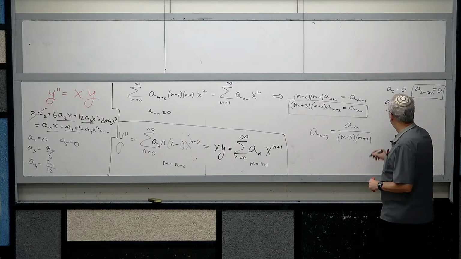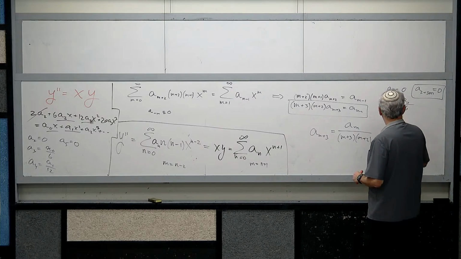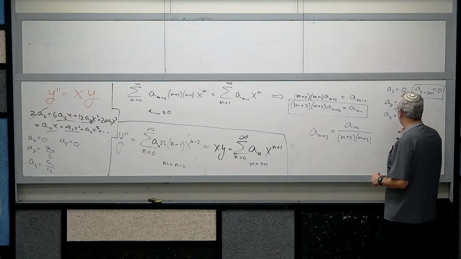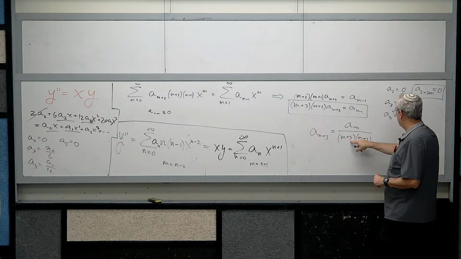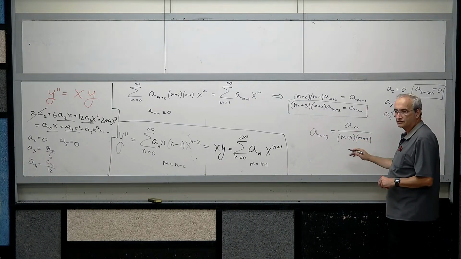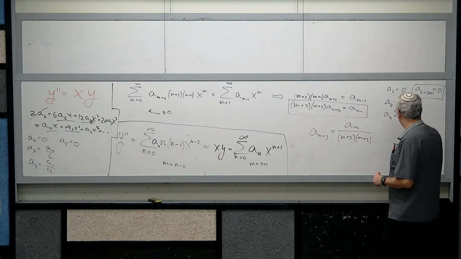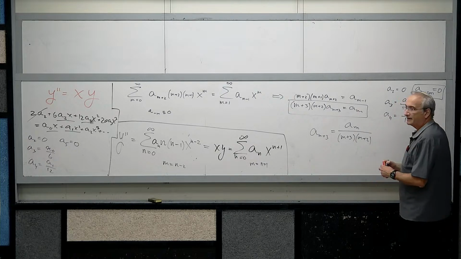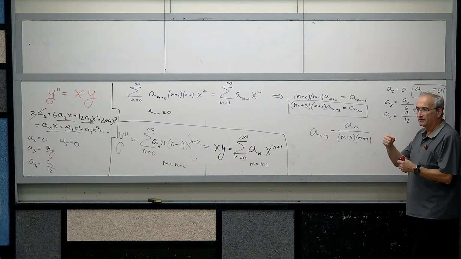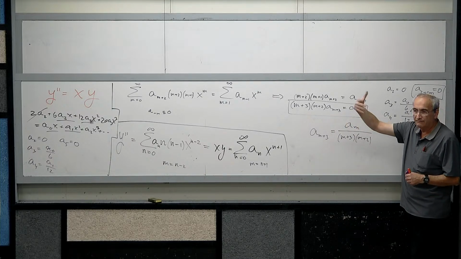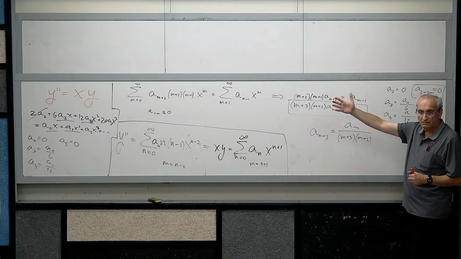See? Now what is A4? A1 divided by 4 times 3, so divided by 12, and so on and so forth. So this is what. You see? And we see that there are actually 3 chains. One of them is 2, 5, 8, and so on, and for all these, we have zeros.